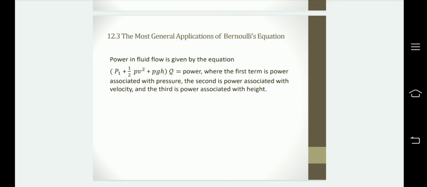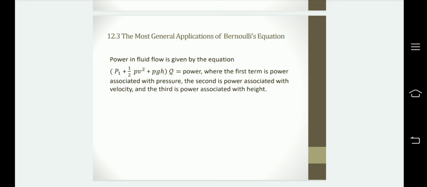In equation form, this is (P plus 1/2 ρv² plus ρgh) times Q is equal to power, where the first term is power associated with pressure, the second is power associated with velocity, and the third is power associated with height. So each term has a clear physical meaning.